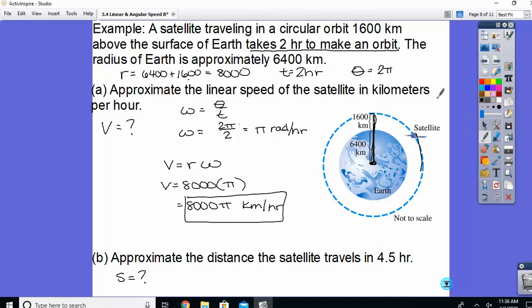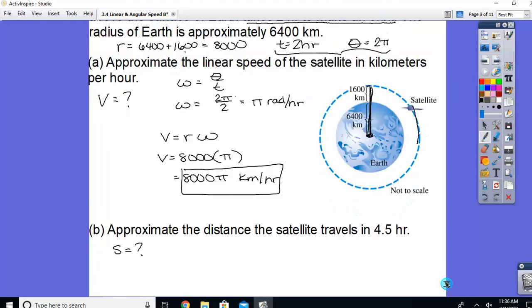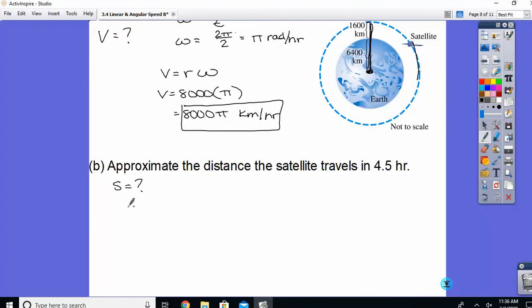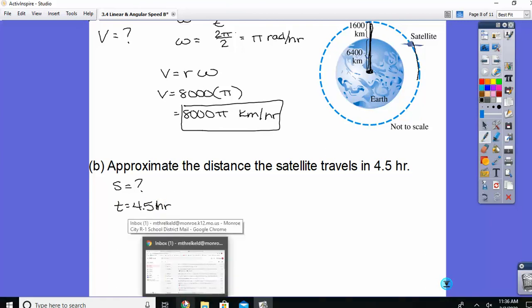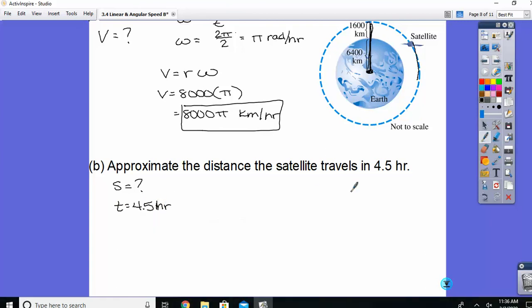No, because this theta is only when your time was 2 hours. Here, I know that my time is now 4.5 hours. Okay, so I can't do S equals R theta because I don't know the angle it traveled.